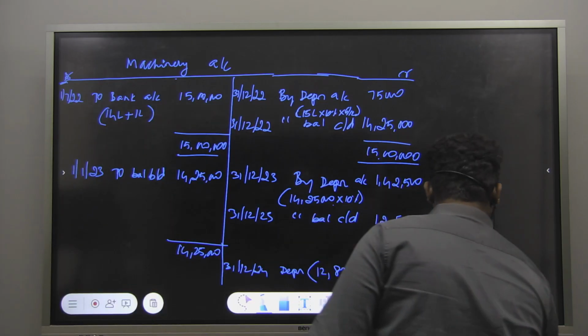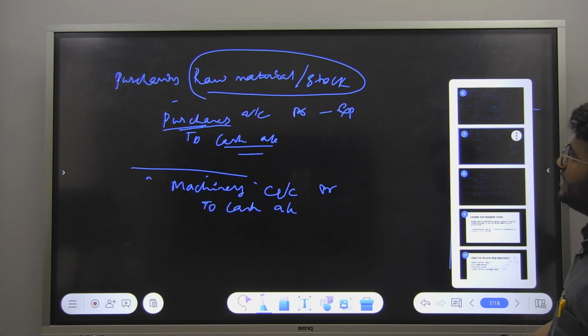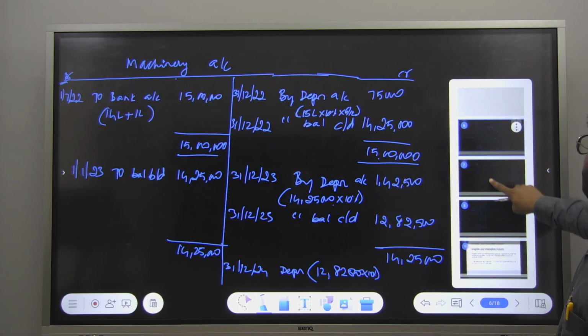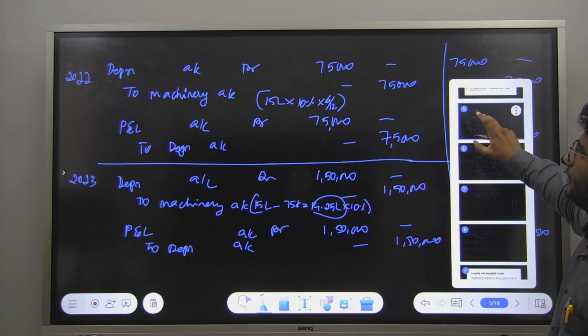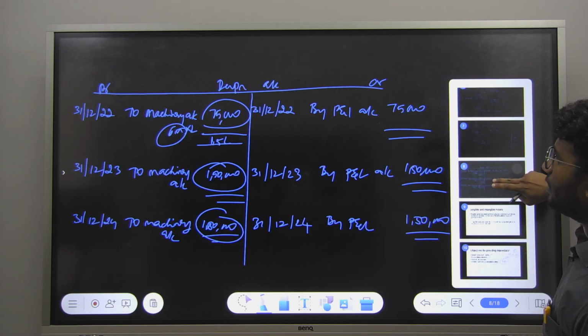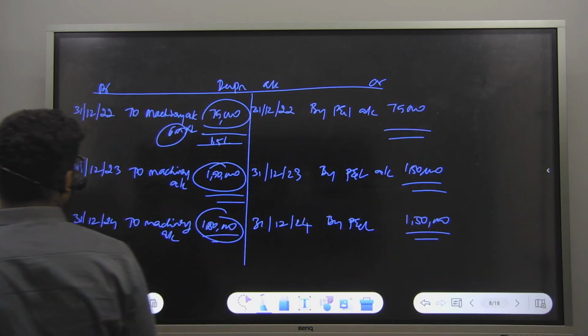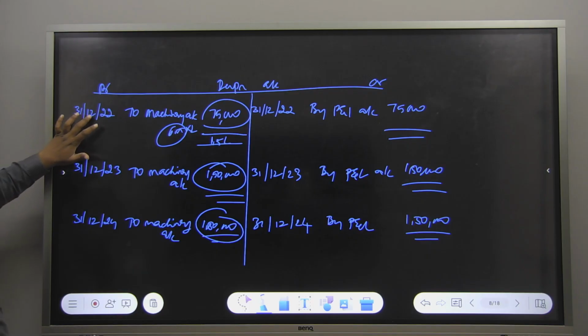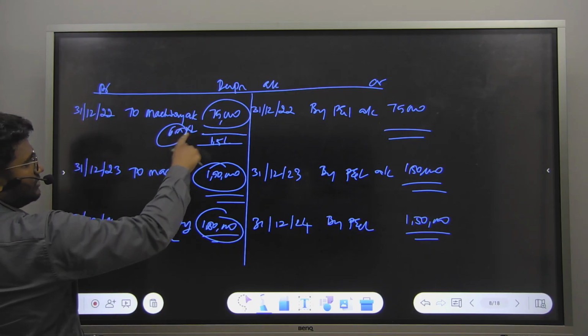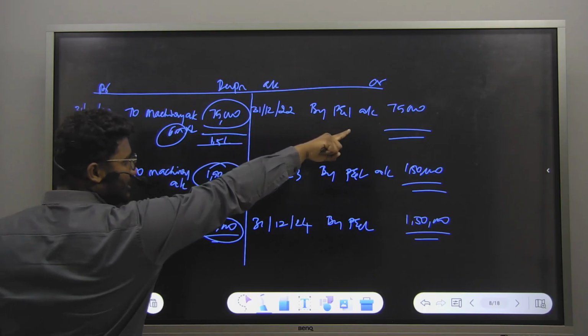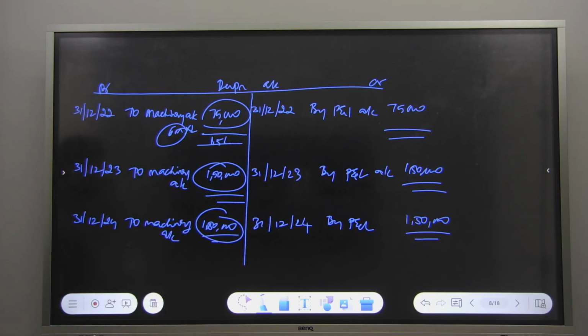So now let us see the depreciation account. Okay, depreciation account, 31st 12 2022, the depreciation is 75,000. We transferred the same amount to profit and loss account.